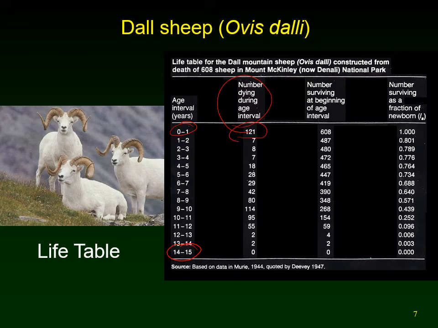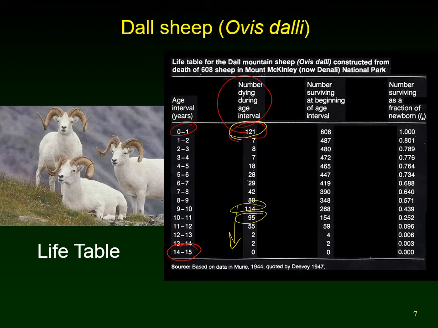And so we had very high mortality under the age of 1, and then you can see when they get up to the ages of 9, we've got huge mortality from that point forth. So a lot of the sheep from 9 on are dying, and then you had high mortality of the young ones.